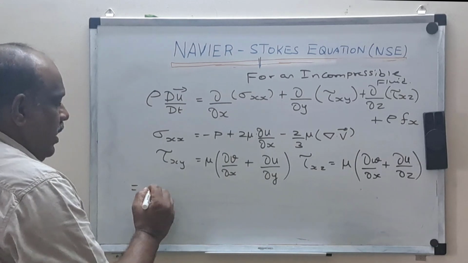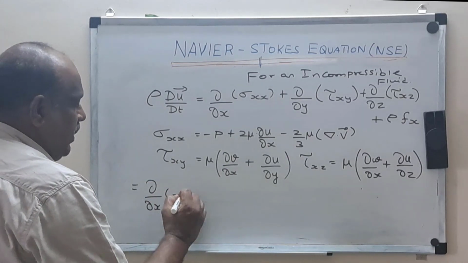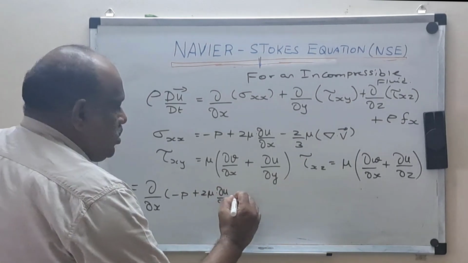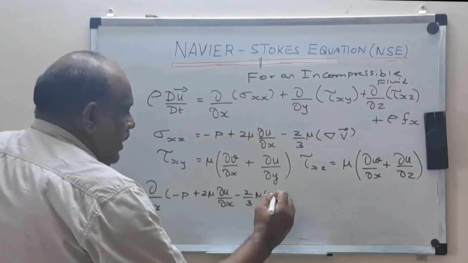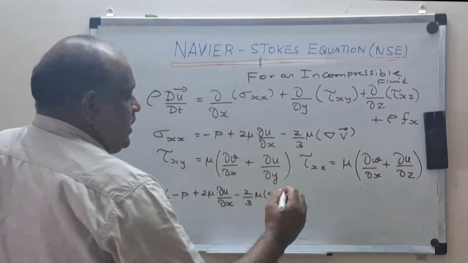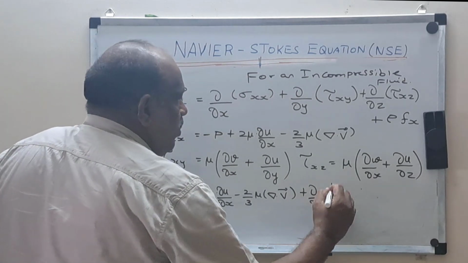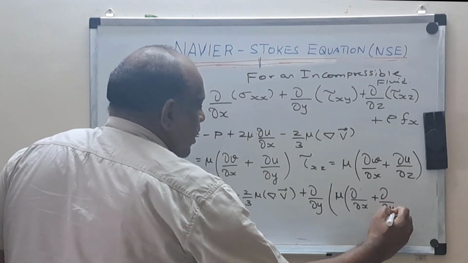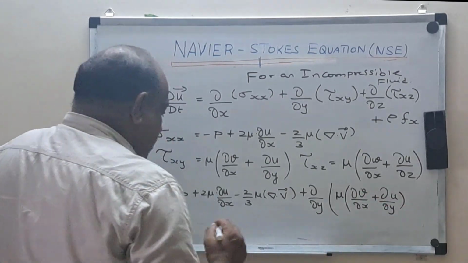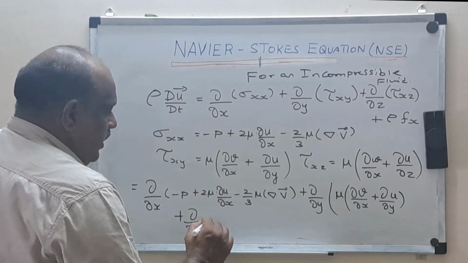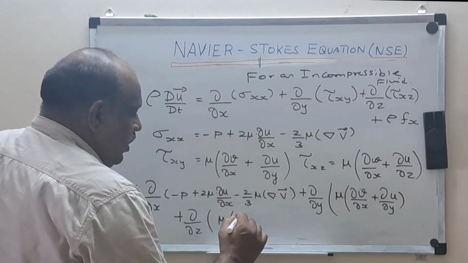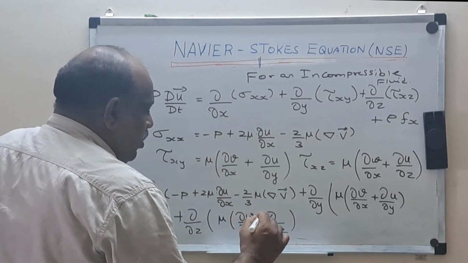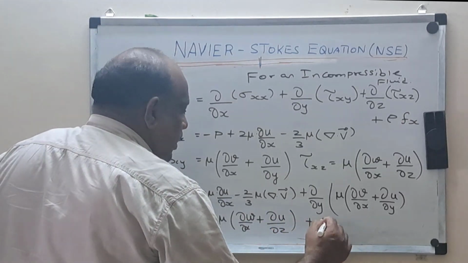The equation becomes dou by dou x of minus P plus 2 mu into dou u by dou x minus 2 by 3 mu of del dot V, plus dou by dou y of tau xy, which is mu of dou v by dou x plus dou u by dou y, plus dou by dou z of tau xz, which is mu of dou w by dou x plus dou u by dou z, plus rho into fx.